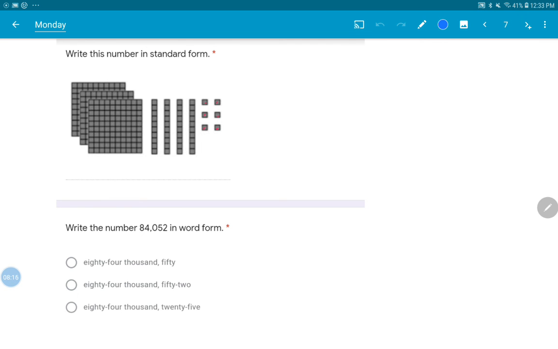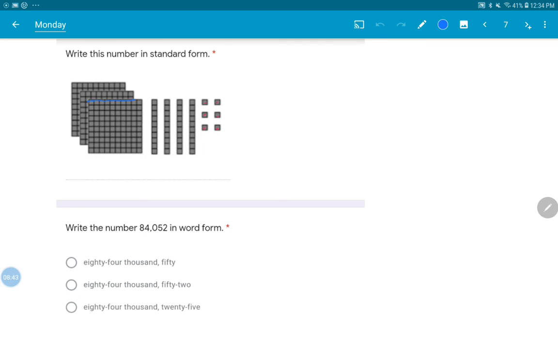All right, what is this number in standard form? You have some base 10 blocks. You have a couple of hundreds flats, you have some tens, and you have some ones. What's that number in standard form, Chloe? Well, let's look at it.